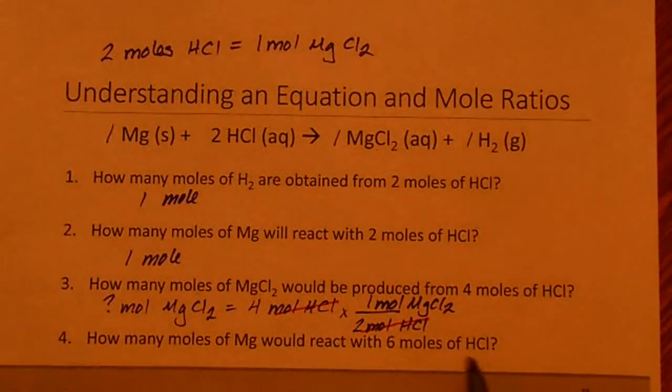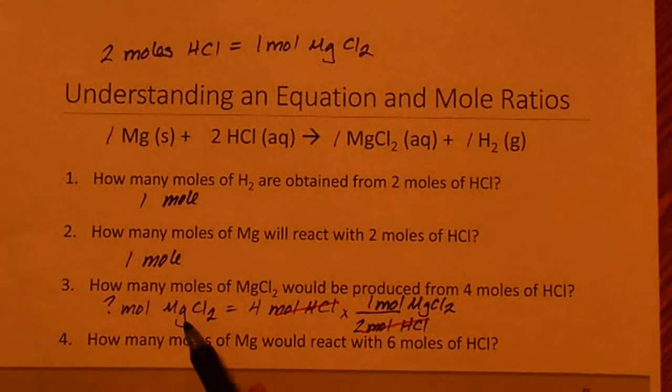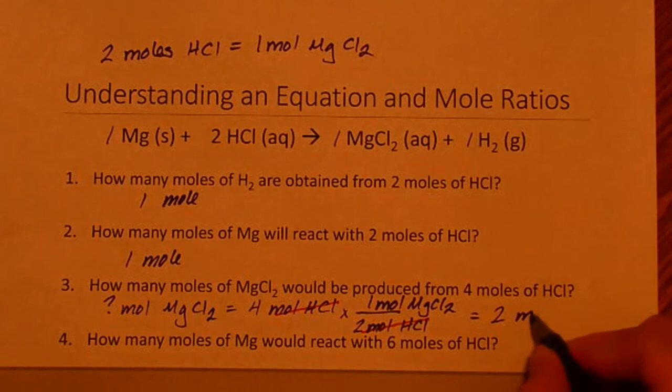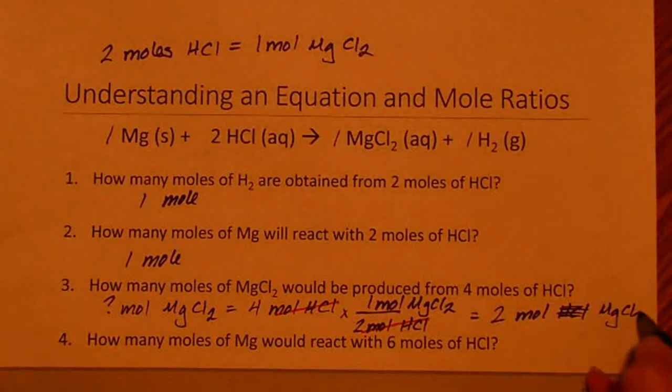It's not just moles, it's moles of HCl that cancel, leaving me with moles of magnesium chloride, which is what I wanted. Okay. 4 times 1 divided by 2, 2 moles of magnesium chloride can be produced from 4 moles of HCl.